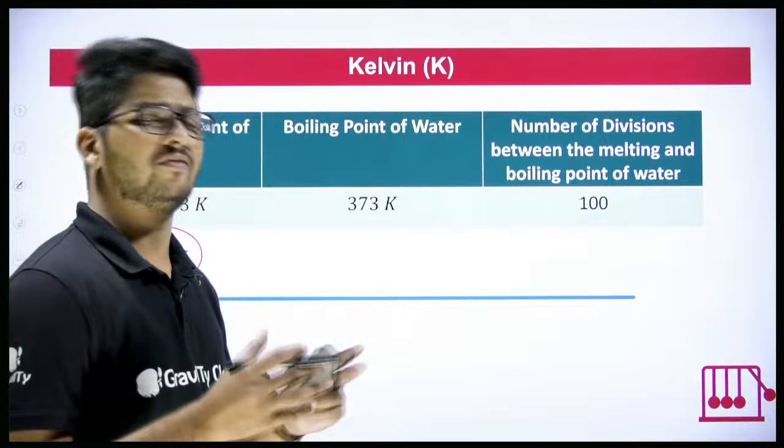Yeah, that will be 100. So you divide the temperatures between the melting point of ice and the boiling point of water in the Kelvin scale into 100 equal parts. You can write it down here. 373 minus 273 is equal to 100. So melting point of ice 273, the boiling point of water 373 Kelvin.